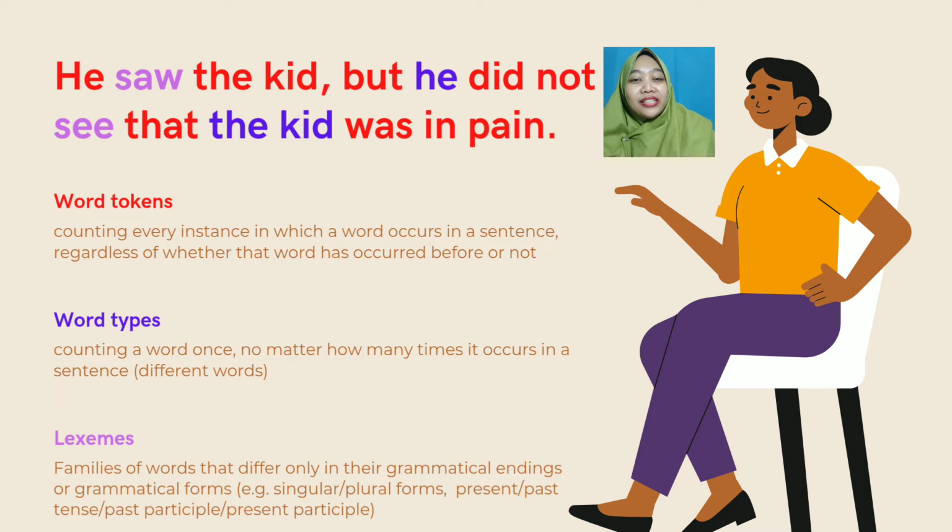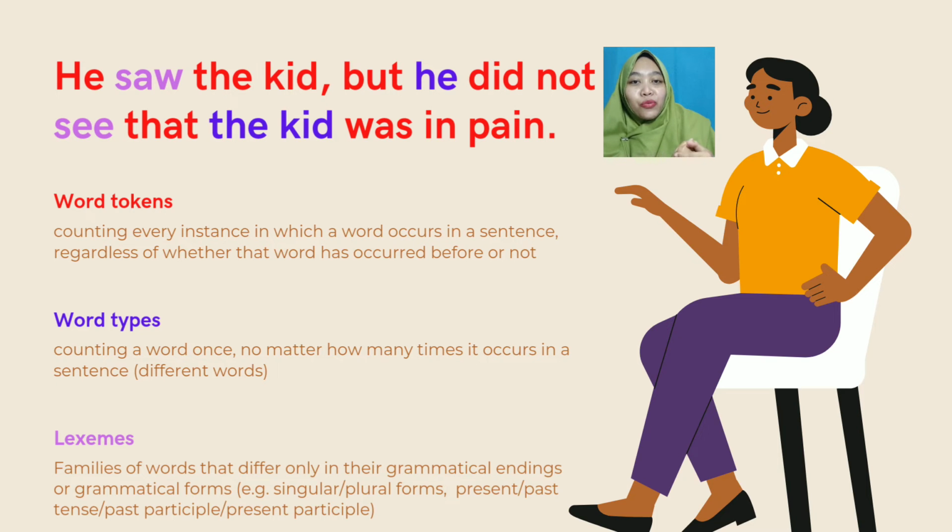Because you only count the different words. As you can see in the example, there are three repeated words in that sentence. The first one is he, and then the, and then kid. But these words are counted as one word each.